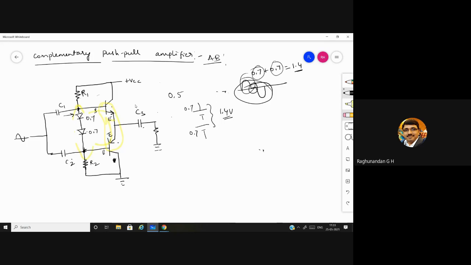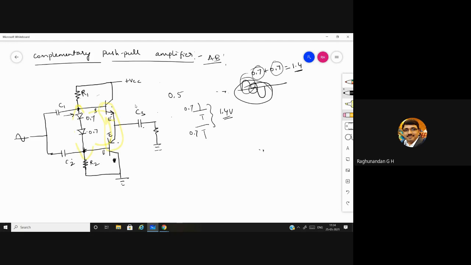So zero crossing distortion is avoided, and since you are using two transistors together, obviously the efficiency is going to increase. So from these three circuits, what we understand is that by using the best things of both class A and class B, we are able to design the class AB amplifier, which is going to give the best of class A and class B. What is the best thing that we have observed in class A?